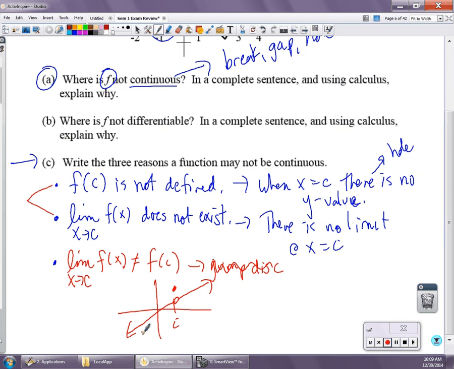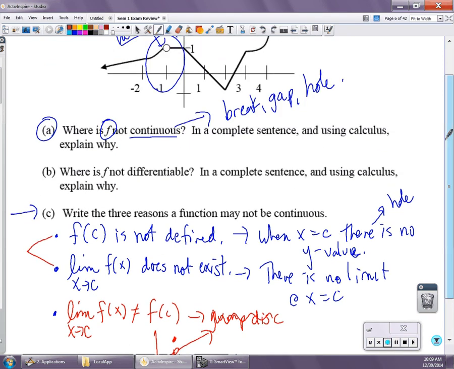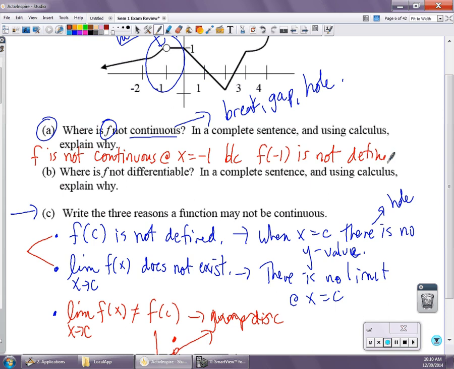All right, so let's go back up to letter A. I would say there, f is not continuous at x equal to -1 because f of -1 is not defined. In other words, there's no y value there.